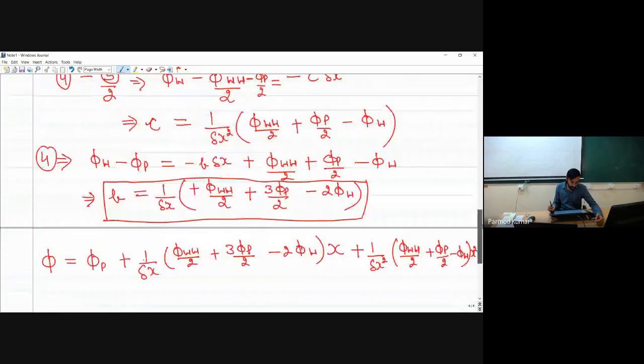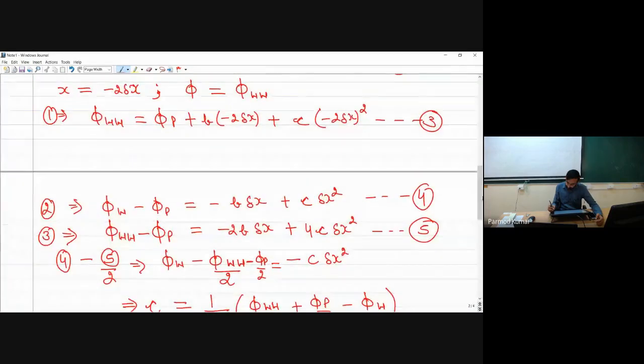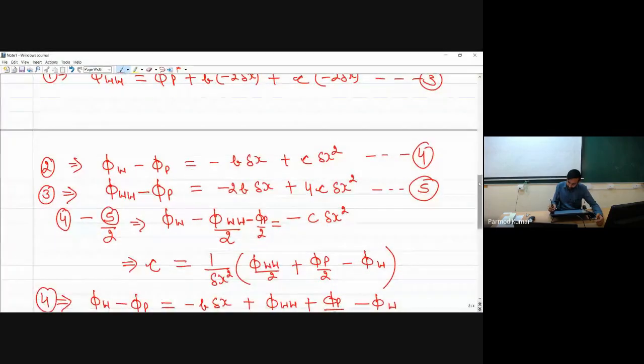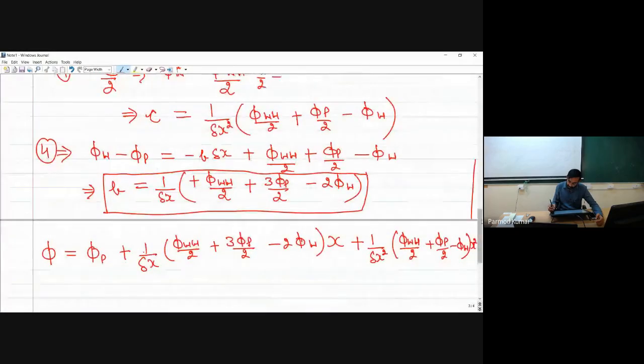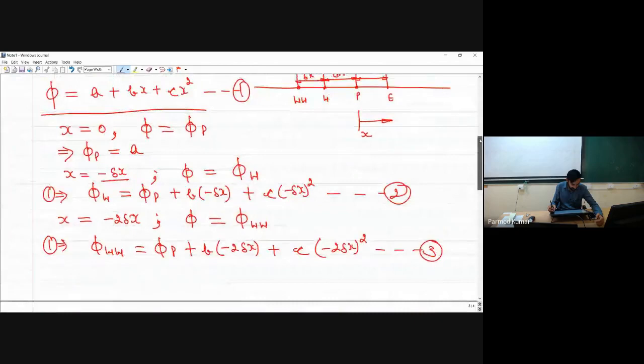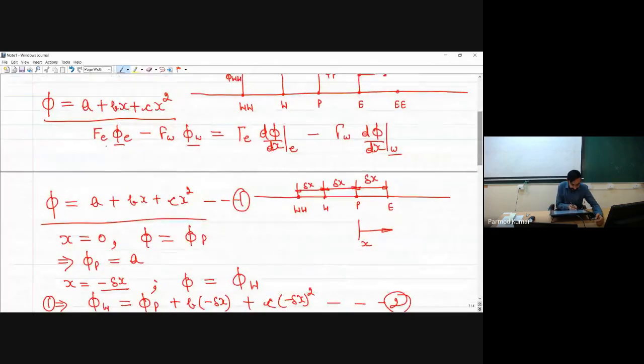Now what I need to do, if you see over here, in my discretized form of equation, what I have is Fe into phi E minus Fw into phi W, that is equal to gamma E into d phi by dx at E minus gamma W into d phi by dx at W. So I have to calculate phi E, phi W, d phi by dx at E and d phi by dx at W. Okay.